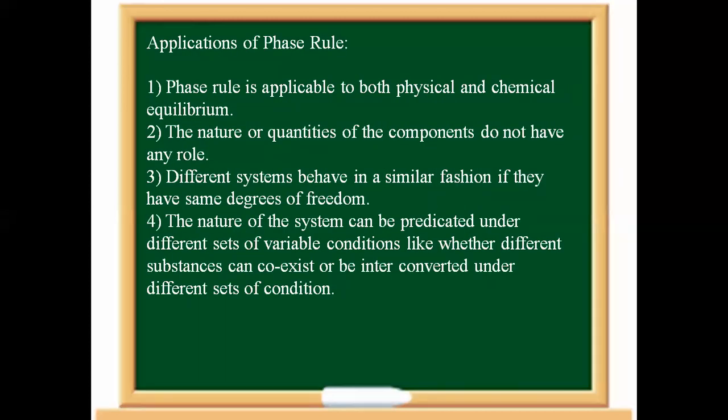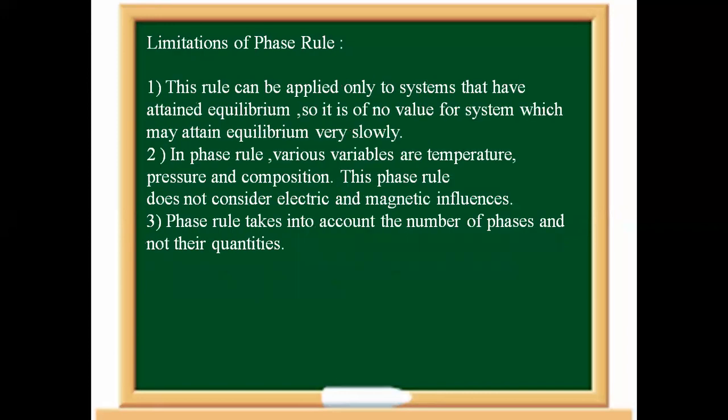Now let's have a look at the applications, that is advantages and disadvantages. Obviously phase rule is applicable to both physical and chemical equilibrium. So components may not play that much bigger role in it, and it is a microscopic study. Now one thing is there, all the chemical reactions may not attain equilibrium.